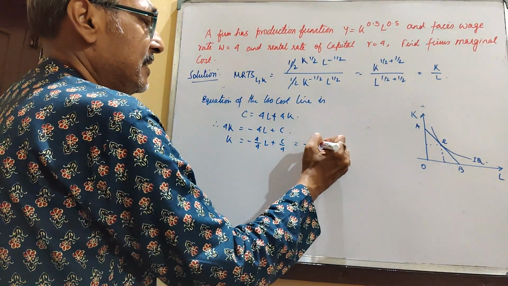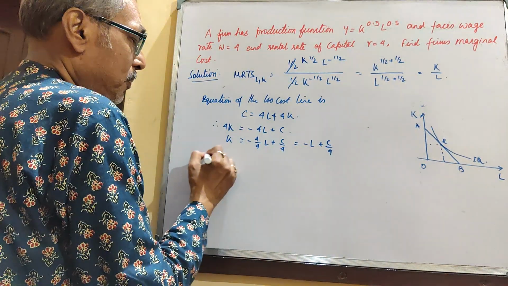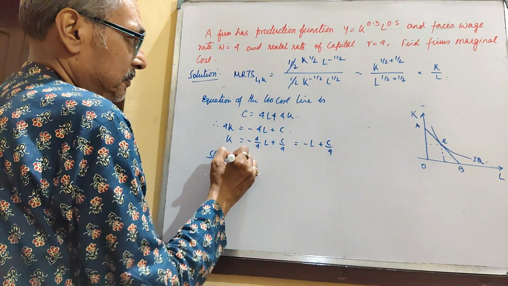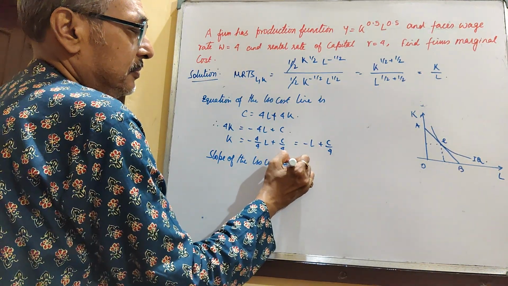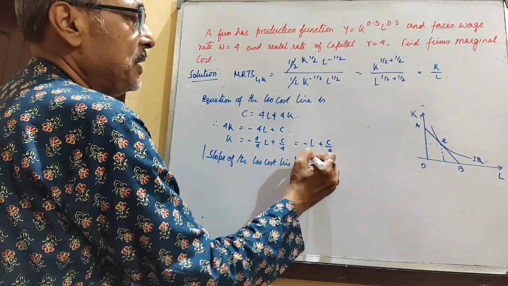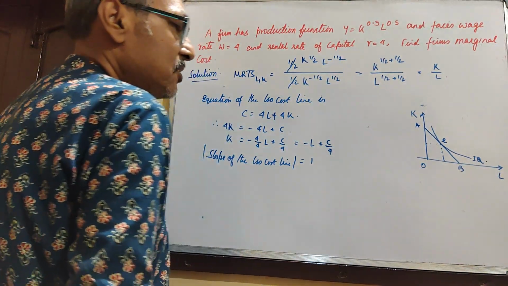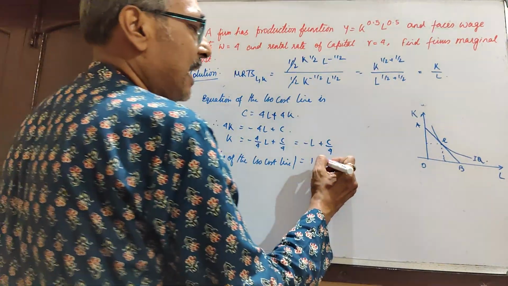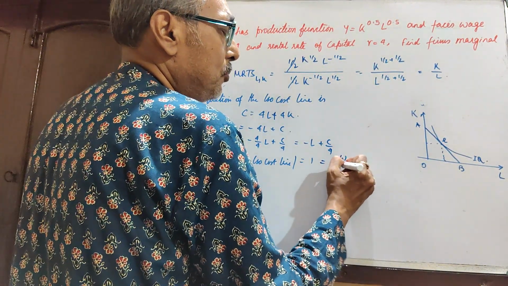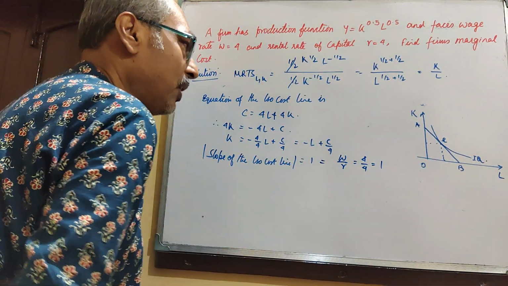This is minus L plus C by 4. The absolute slope of the iso cost line is 1. The coefficient of L is minus 1. It can be written as W by R, which equals 4 by 4, which equals 1.